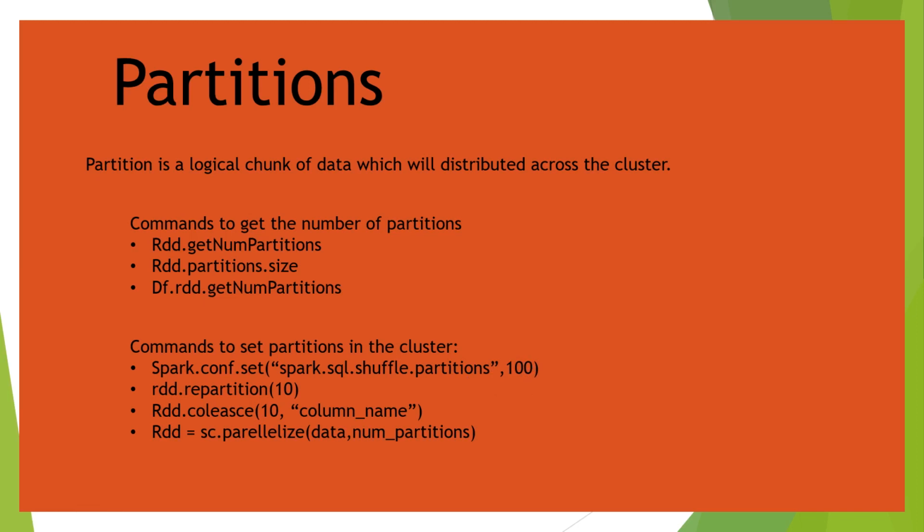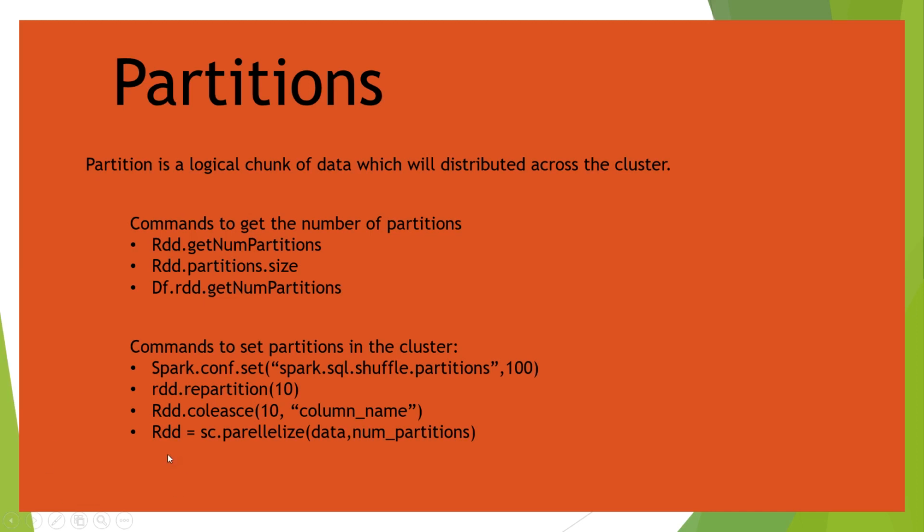If you want to decrease or increase the partitions, you can use repartition, or you can use the coalesce operation. Along with the number of partitions, you can give the column name on which you want to perform the partitioning. You can give multiple column names as well.